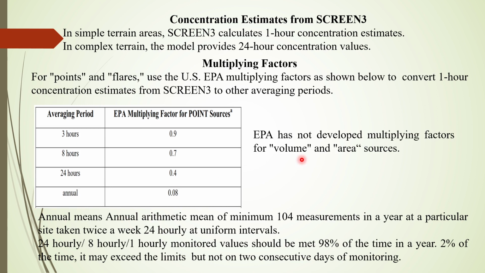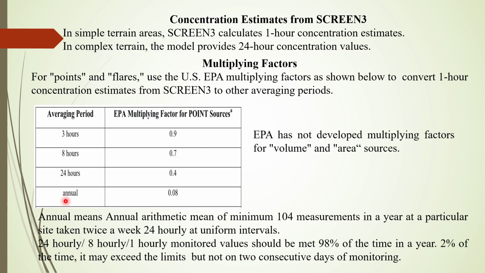Here I want to mention that annual means the annual arithmetic mean of a minimum of 104 measurements in a year at a particular site, taken twice a week, 24 hourly at uniform intervals.